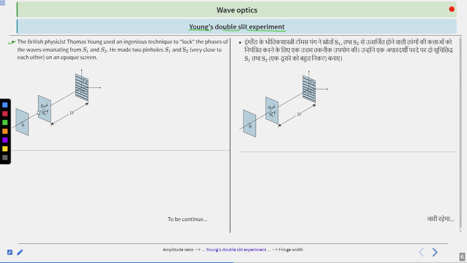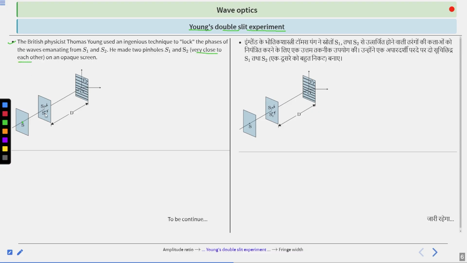In this diagram there is a source denoted by S, and this source generates waves. To get waves emanating from S1 and S2, he made two pinholes, S1 and S2, and these are very close to each other.